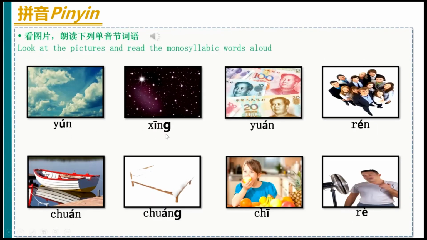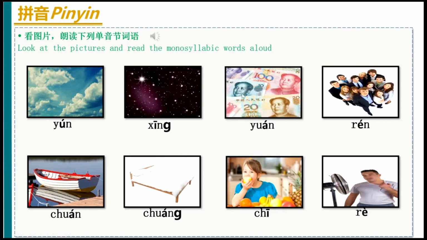云, 星, 圆, 人, 船, 床, 吃, 热. Yun means cloud. Xing means star.